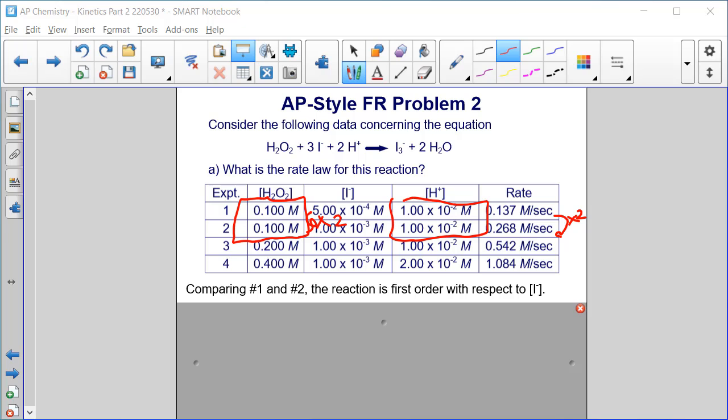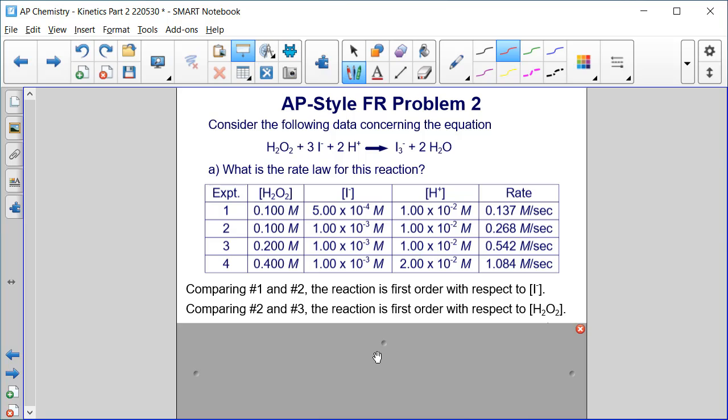Now, let's compare the next two. Comparing 2 and 3. So what are we holding constant now? I- and H+. What happens as we go from here to here for the H2O2? We're doubling, right? And so the same is true from here to here.